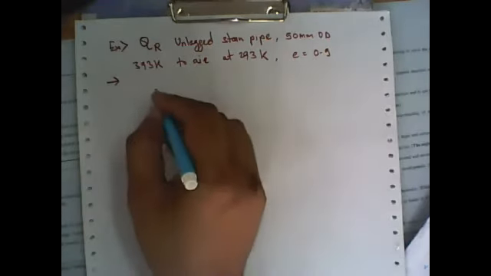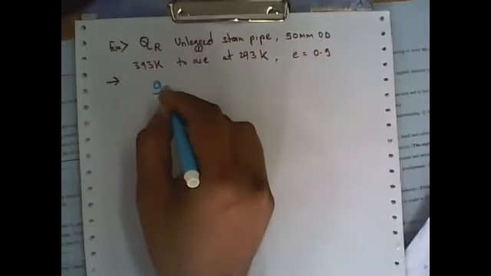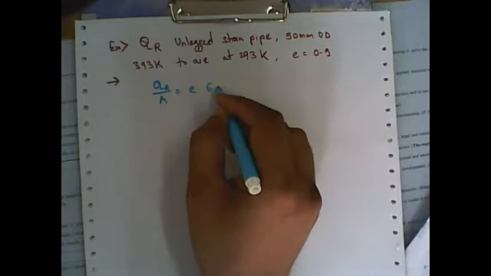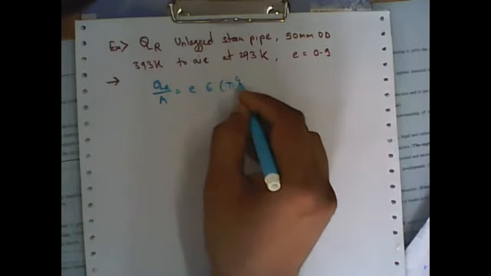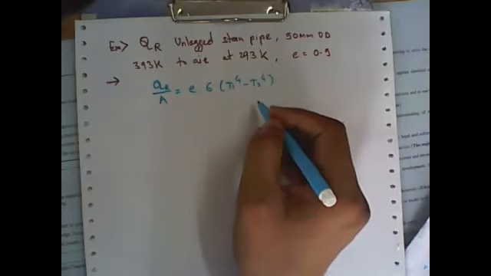So it is a similar problem. As we know, the Stefan-Boltzmann law is Q by A, this Q is for radiation, equal to E sigma (T1 raised to 4 minus T2 raised to 4).